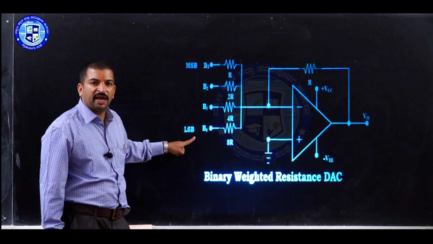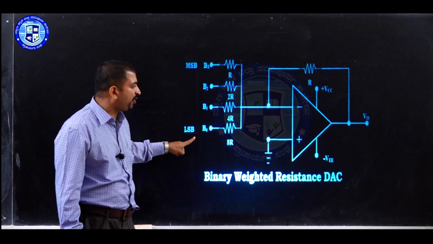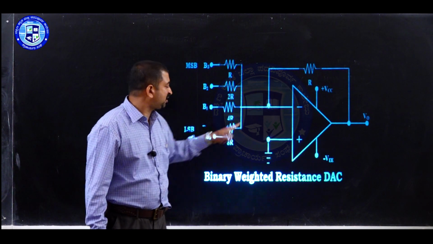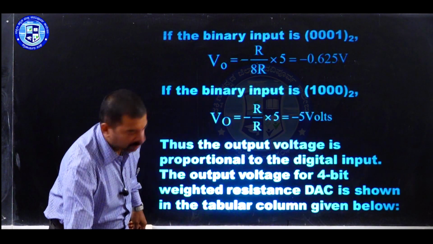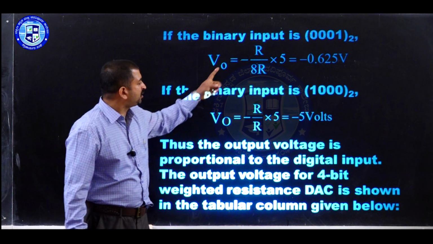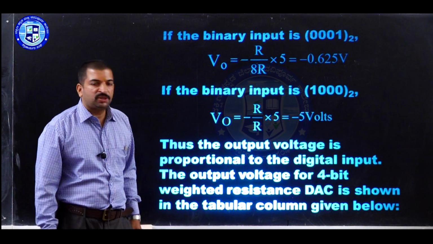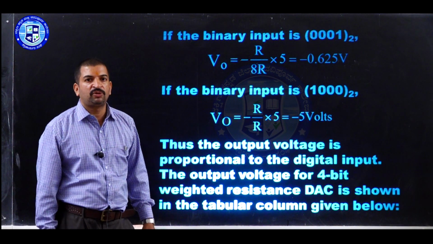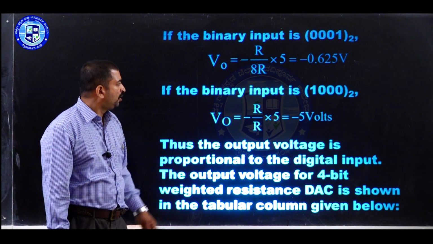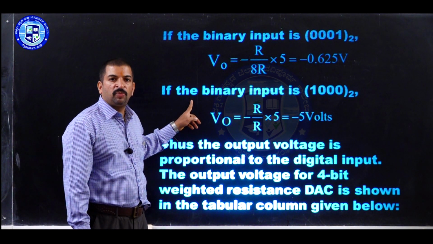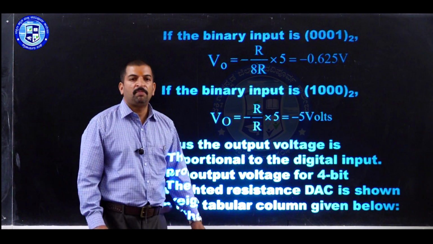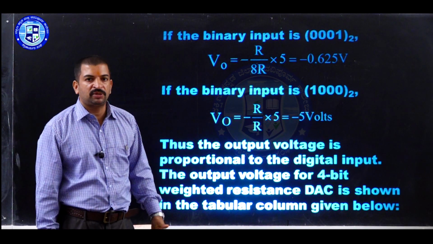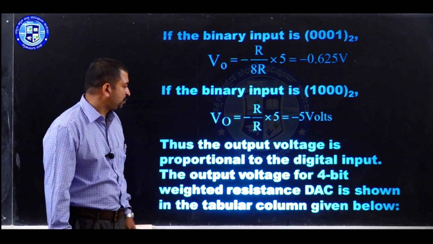Since the B0 bit alone is connected to battery positive, the voltage gain is minus R divided by 8R into 5 volts. So VO is equal to minus R divided by 8R into 5, that is equal to minus 0.625 volts. Similarly, when the input is 1 0 0 0 to the base 2, then output becomes minus R by R into 5, that is equal to minus 5 volts.